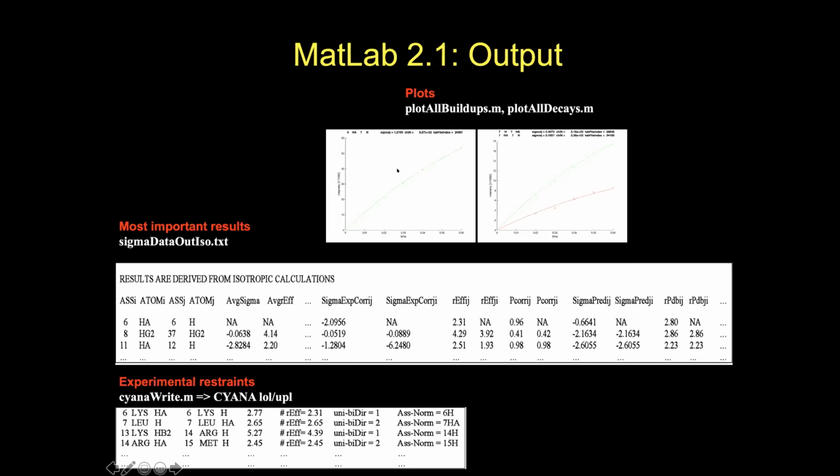Then I mentioned that it's important to manually validate your data. So what I recommend is that you plot your buildups and your decays. That's achieved with these commands here. And the program will generate two folders, and each NOE gets its own PNG format file.